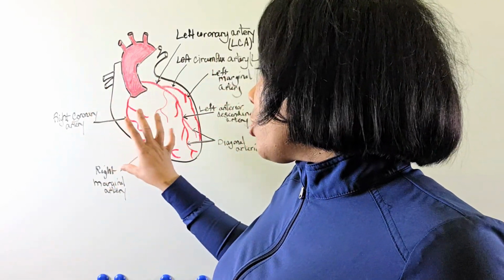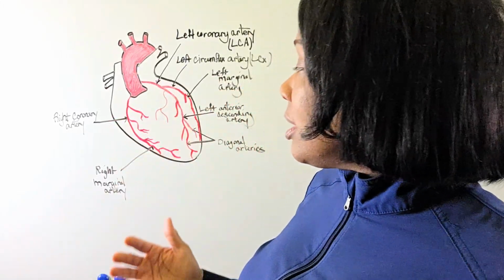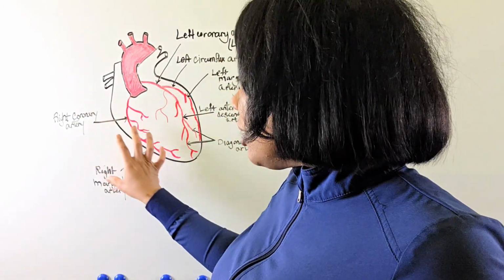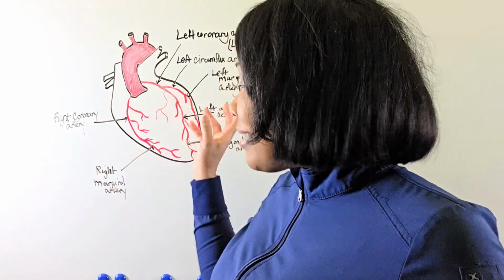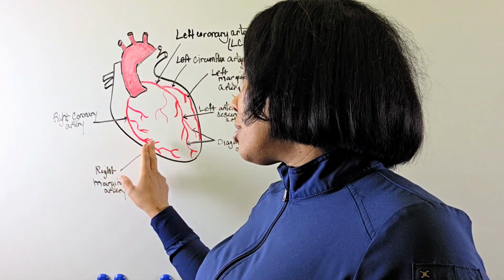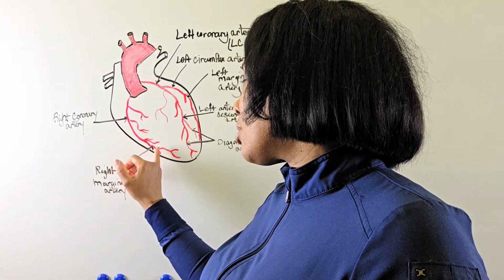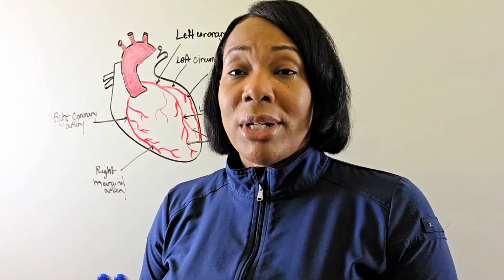And I don't have that picture here because it wraps behind the heart, and what you're looking at right now is the anterior aspect of the heart. Although all these branches, you have to remember all of your blood vessel branches connect to each other, okay? So your right marginal artery, basically it supplies blood to the right ventricles, and as you can see, it runs along the edge toward the apex of the heart.